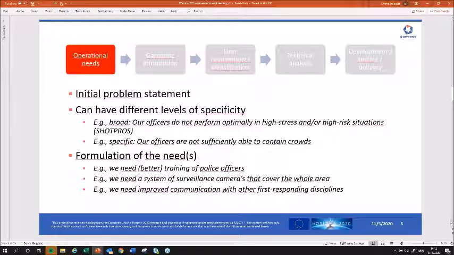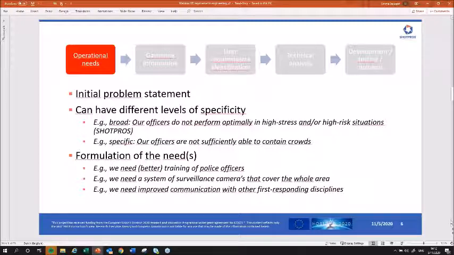For example, nowadays there is a perception of citizens that police officers might use racial profiling techniques in their work on the field. This is a pressing issue, but it's very broad. You cannot reduce it to a specific type of intervention or to a specific situation. So it's much broader.